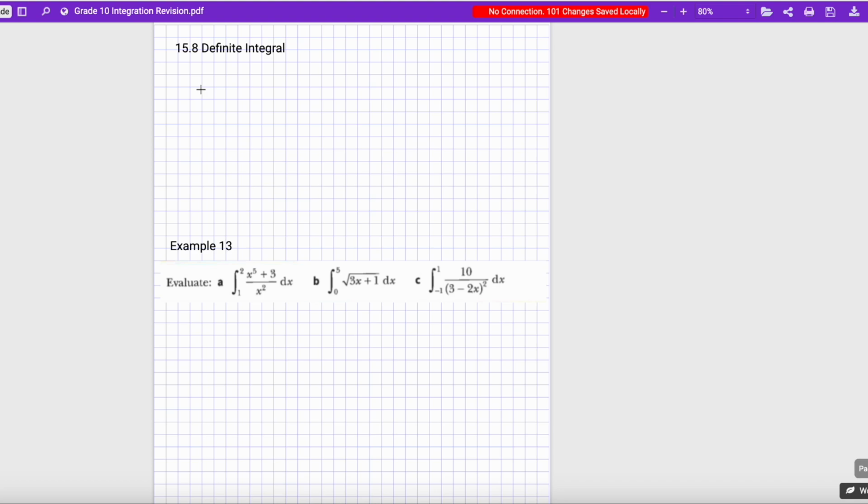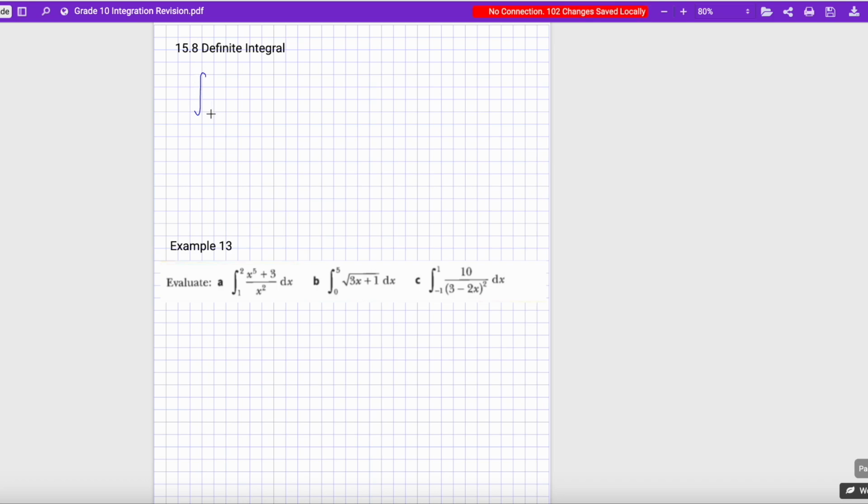All right, so definite integral has a link towards finding the area under a curve. We will get to that later on. So let's first look at the technique of how you do definite integral. Let me show you a general rule on how you will evaluate definite integral.